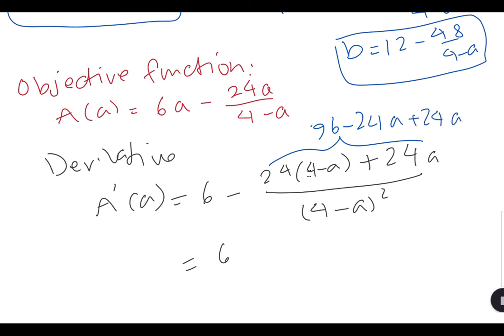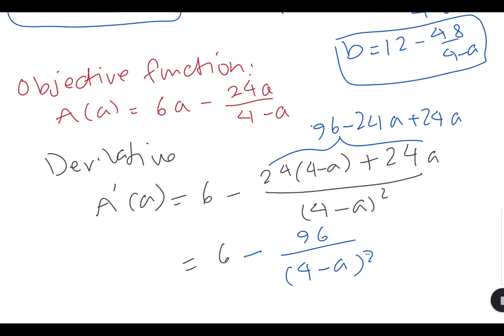Hold on. 4 times 4, 16? No, 96 is correct. So now I have on top minus 96 over (4 minus a) to power 2.